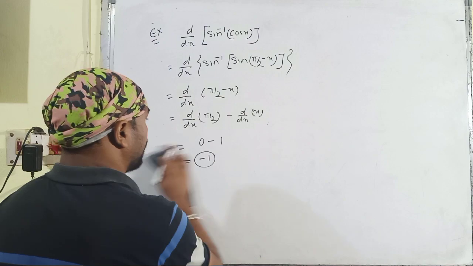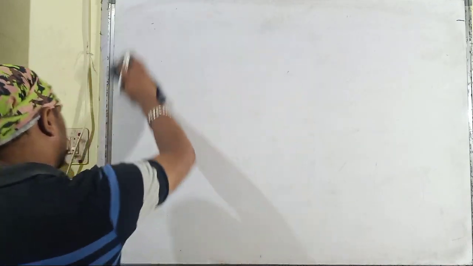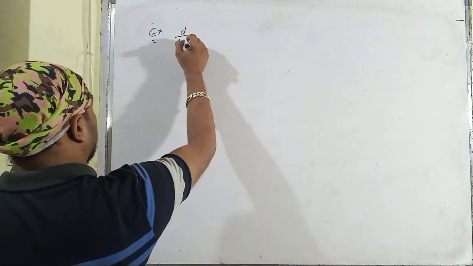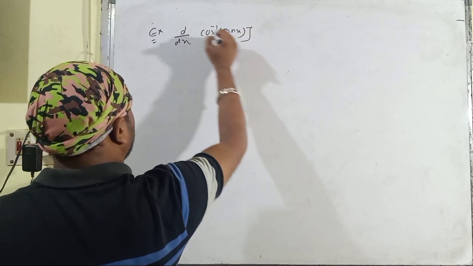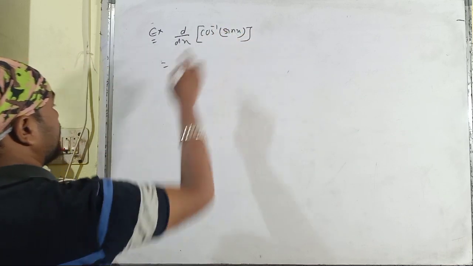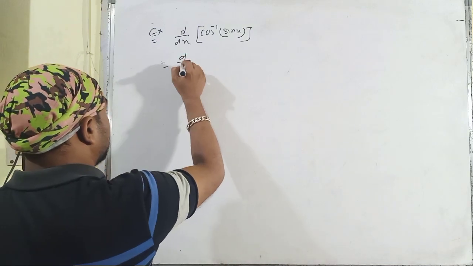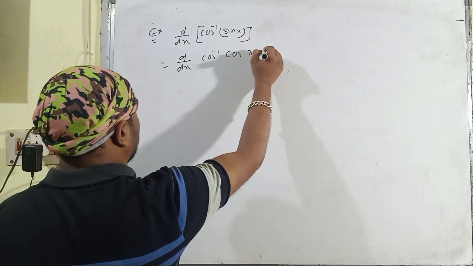Then another problem which is very much similar to this problem. Just by changing the sides, we can have differentiation of cos inverse sin x. Again, let us convert this sin x into the form of a cosine function. So it is cos inverse cos pi by 2 minus x.